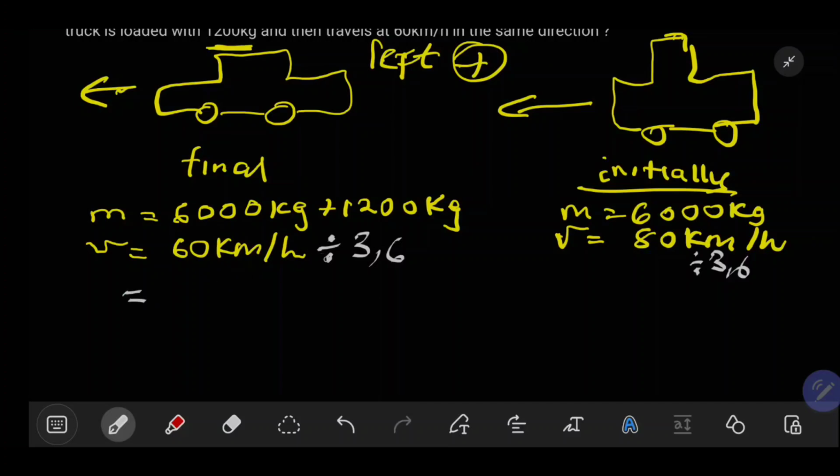When you divide 60 kilometers per hour by 3.6, we get 16.67 meters per second. Okay, so this velocity of 80 kilometers per hour becomes 22.22 meters per second. So now our information is complete. We converted this, and now we know the initial mass and the velocity in meters per second, also the final position of the truck.